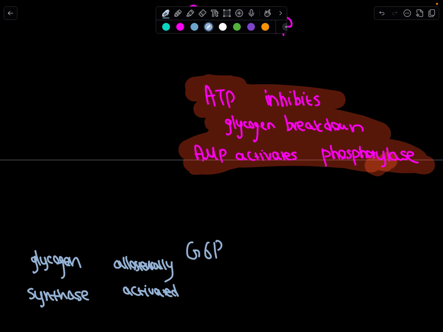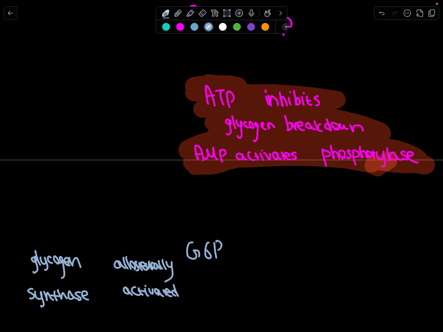Let's clear it up. ATP and glucose 6-phosphate, G6P, both signal energy abundance but affect different processes in glycogen metabolism. ATP inhibits glycogen breakdown by allosterically binding glycogen phosphorylase, slowing its activity, as high ATP means the cell doesn't need to break down glycogen for energy. G6P, on the other hand, allosterically activates glycogen synthase, boosting glycogen synthesis when glucose is plentiful, like after eating.